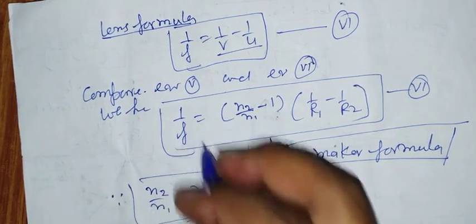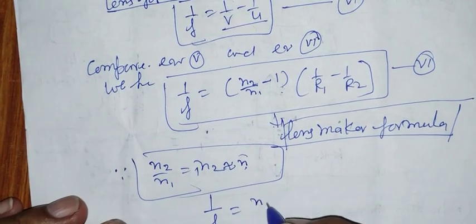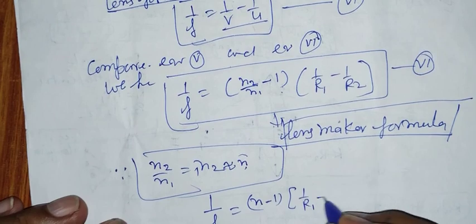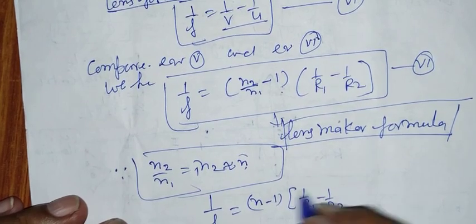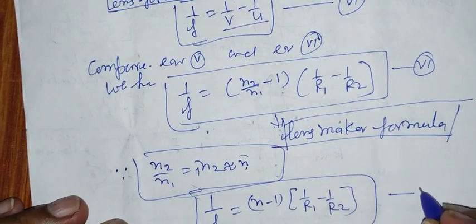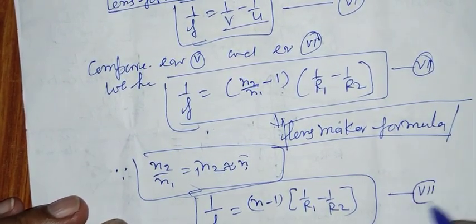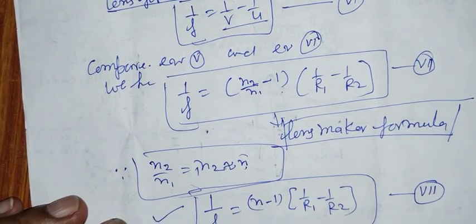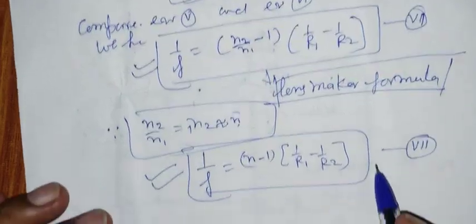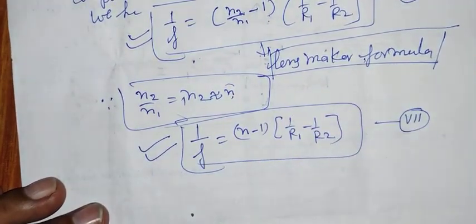Then it can also be written as 1 by f is equal to n minus 1, 1 by r1 minus 1 by r2. So equation 7 and equation 8 are known as the lens maker formula. This is for the topic.